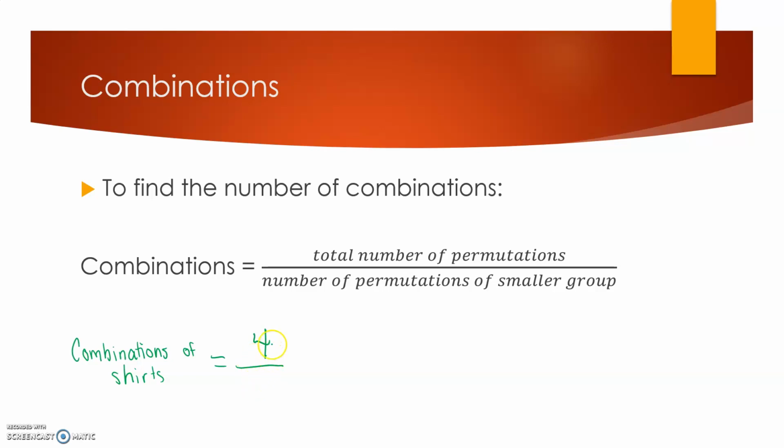And so this is going to be 4 factorial, and this is going to be 2 factorial. So we're going to have 4 times 3 times 2 times 1 all over 2 times 1. Well, this would give us 24 over 2, which would equal 12.